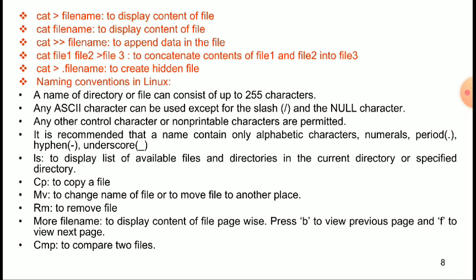Naming conventions in Linux. So that is the first rule: a name of a directory or a file can consist of up to 255 characters. Any ASCII character can be used except for the slash and the null character.